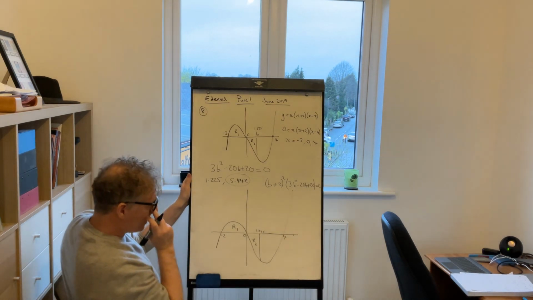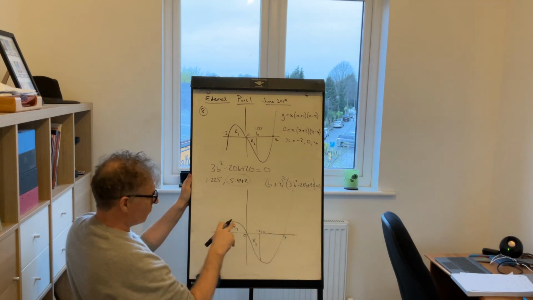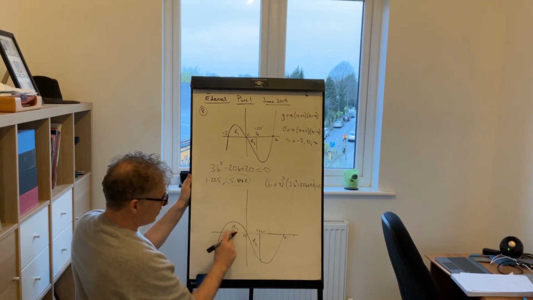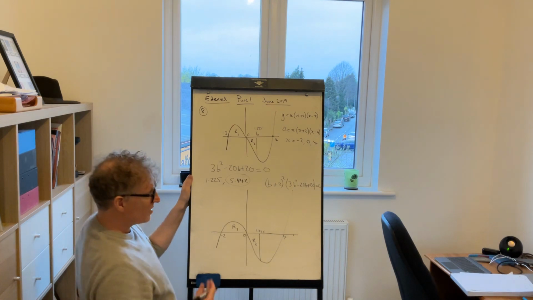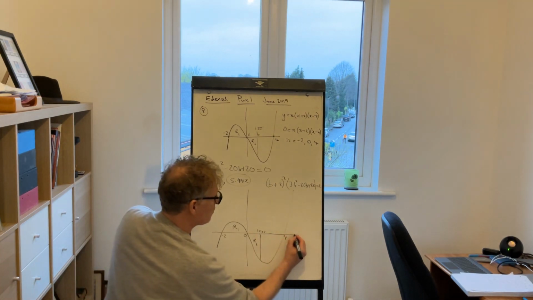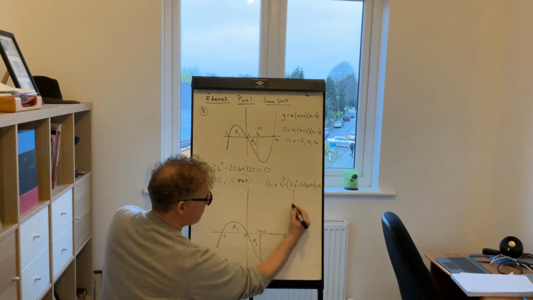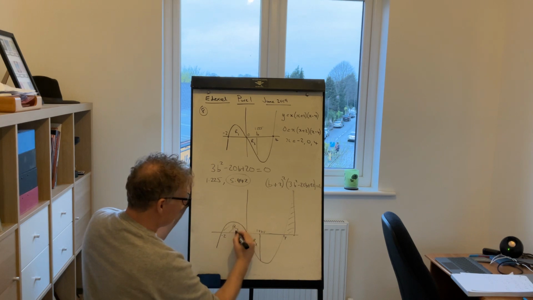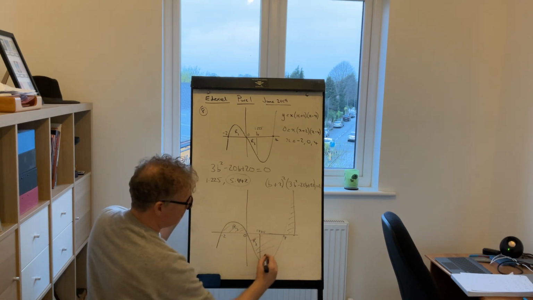Now, what that signifies is this. We're interested in when that is equal to that. So basically, where these two areas cancel each other out to give you 0. So this 5.442 is where the area under the curve here and here is cancelled out by the area under the curve here.